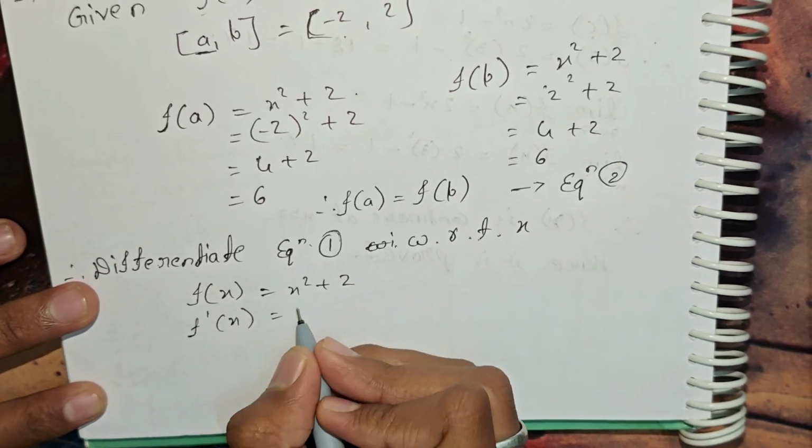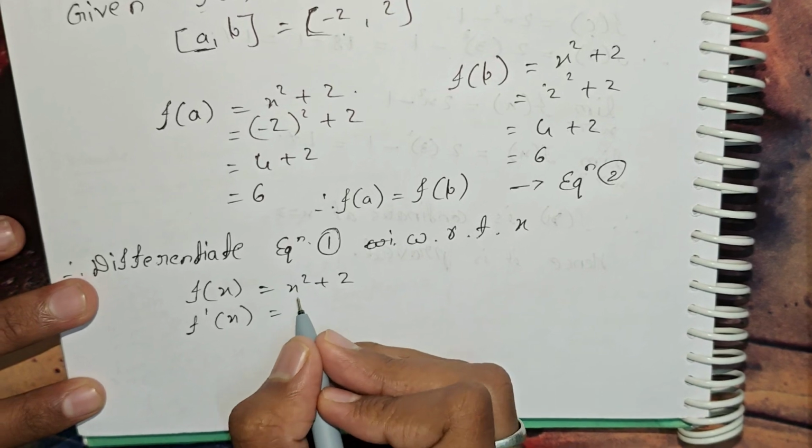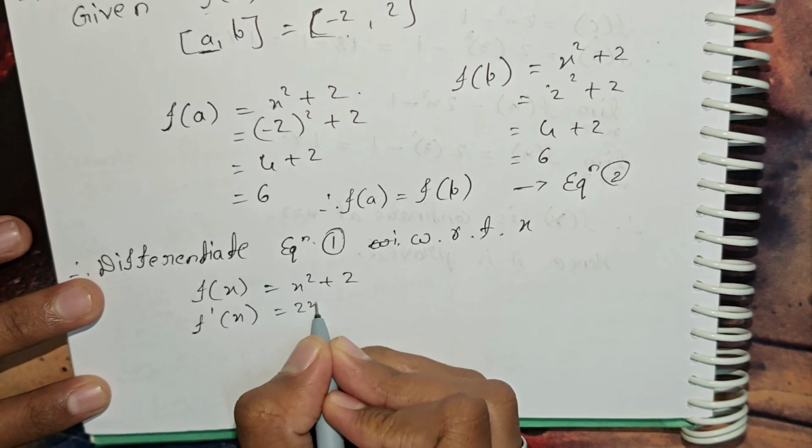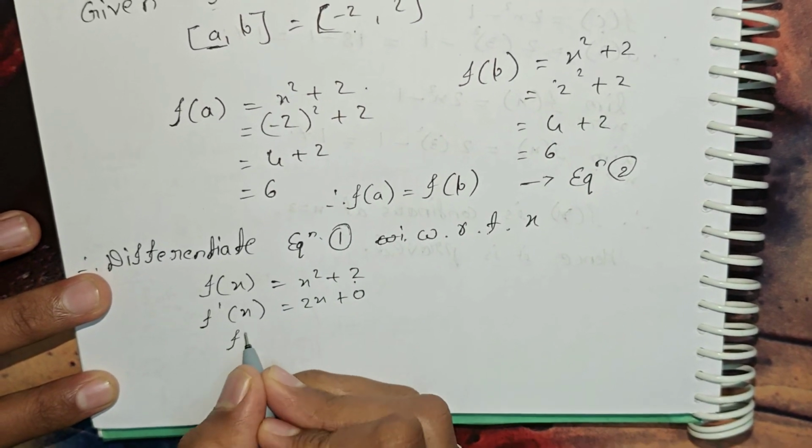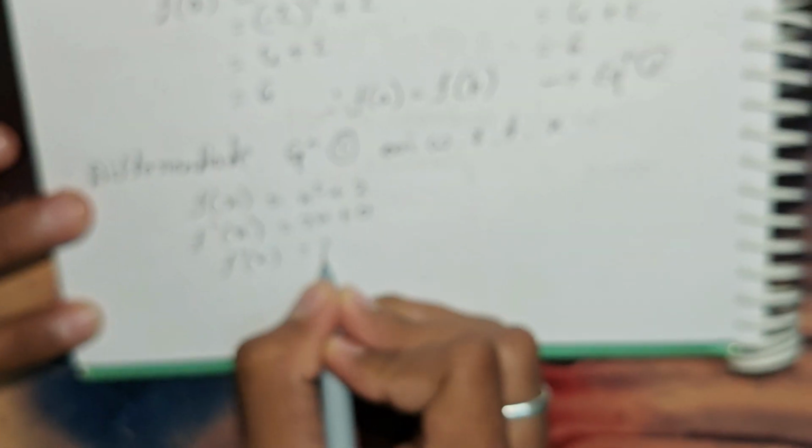The derivative of x square with respect to x is 2x, and 2 becomes 0. So f dash of x is equal to 2x. In the theorem we already mentioned that f dash of x is the same as f dash of c. So f dash of x is equal to f dash of c is equal to 2x. Let us call this equation 3.